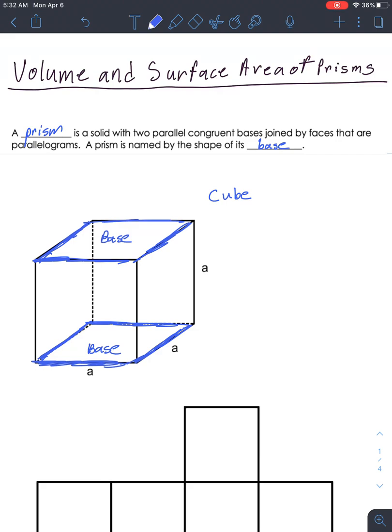So this right here is a face. This is a face. The one in front of us is a base, and the one behind is also a face. Not to confuse you, the bases are also faces, but we distinguish the top and bottom by calling them a base. And as you recall, a parallelogram is a four-sided shape.